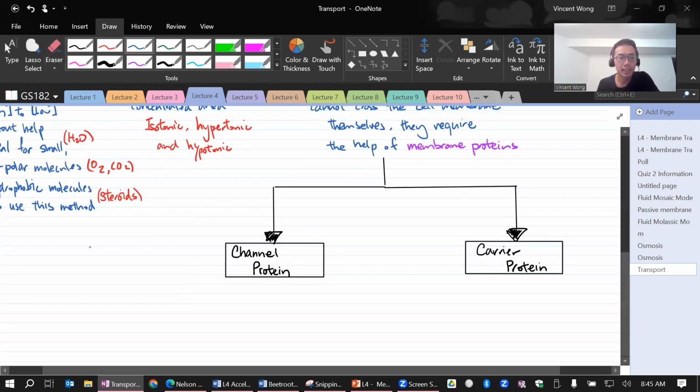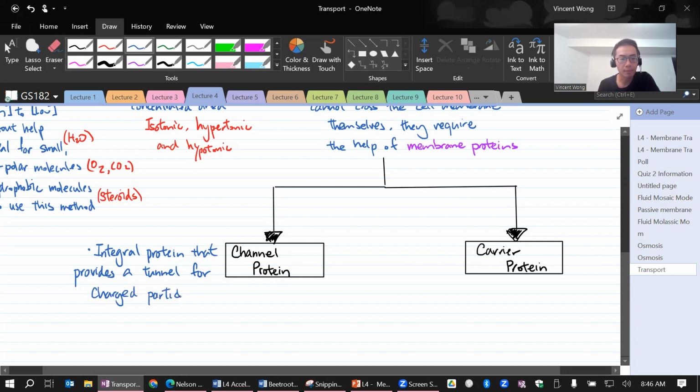For channel protein, it's an integral protein, which means it goes all the way through. It provides a tunnel for charged molecules or charged particles to pass through.